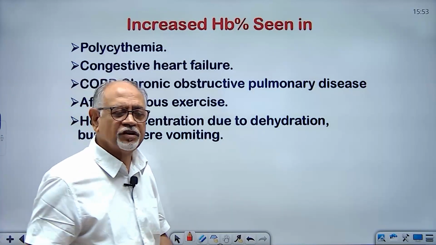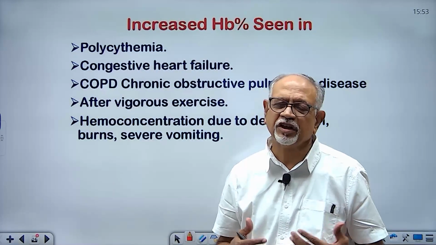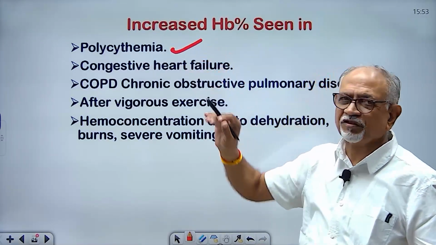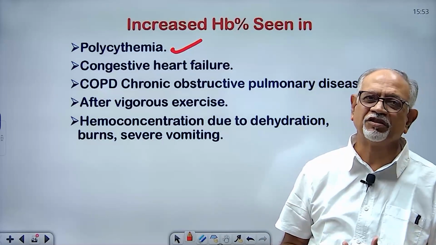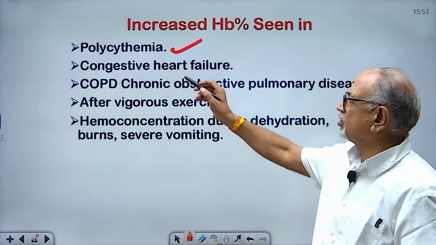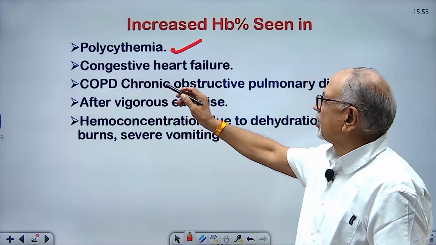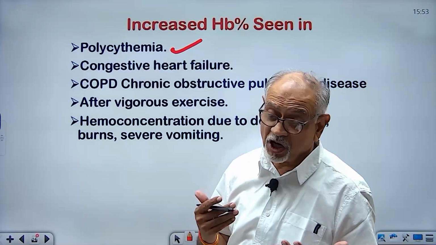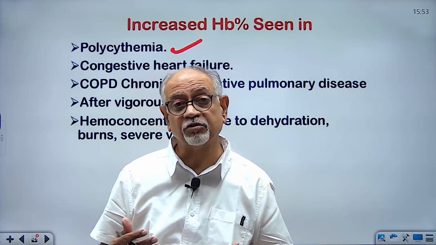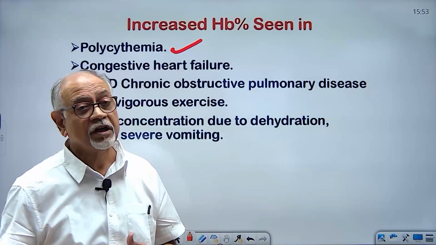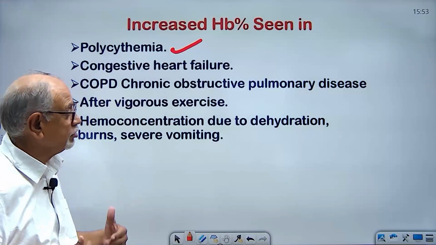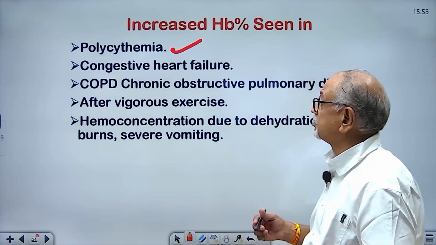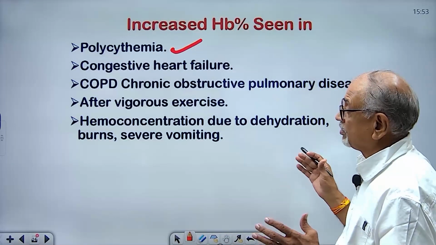Now certain conditions when increase or decrease in hemoglobin percentage is observed. One is polycythemia, which we have already discussed. If the number of RBC increases, accordingly the percentage of hemoglobin increases. Second is congestive heart failure. In heart failure, the heart is unable to supply blood to different organs of the body. A hypoxia is created, and due to hypoxia, the production of RBC increases and the concentration of hemoglobin increases.